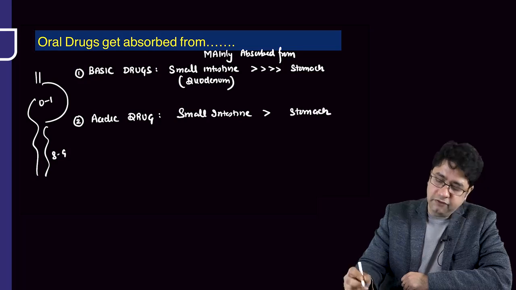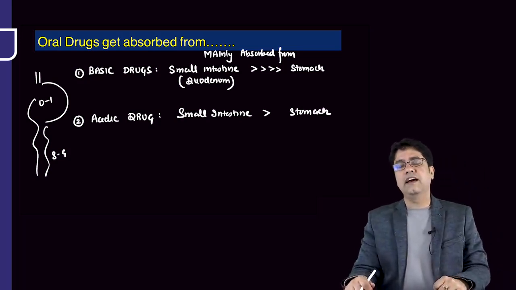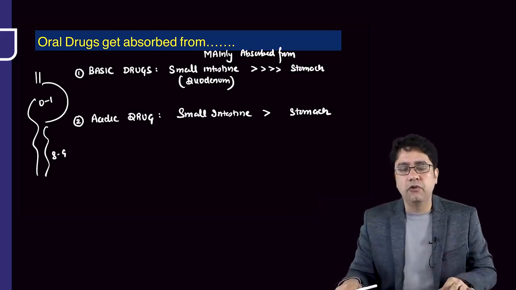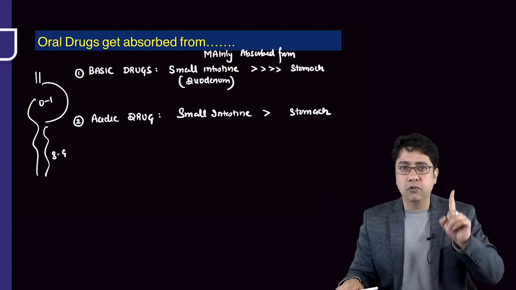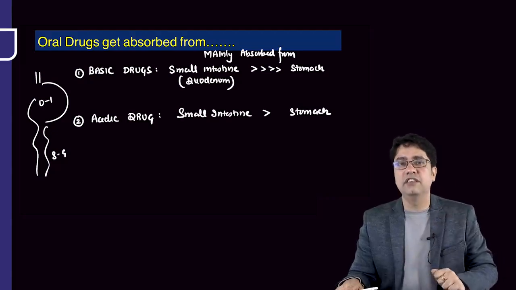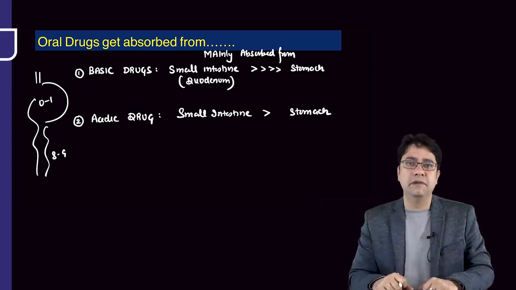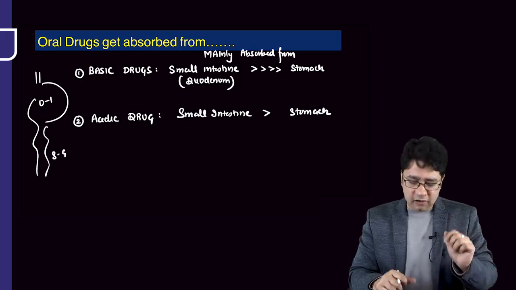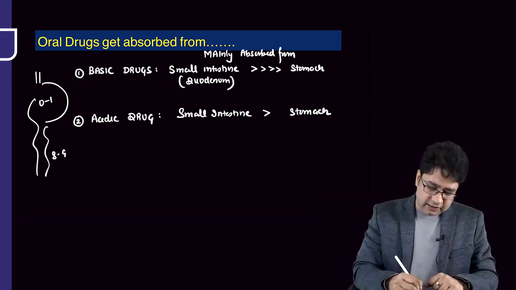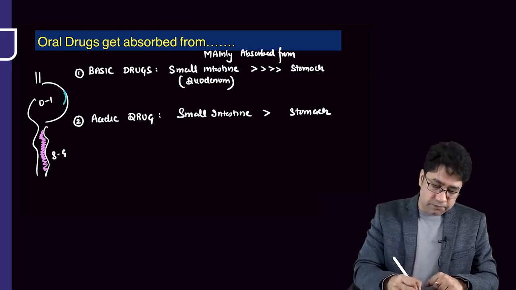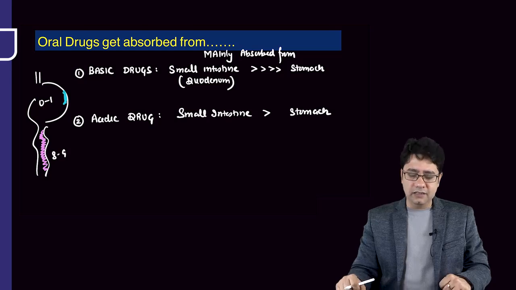Now you must be confused. Sir, how can it happen? Remember, yes, pH plays an important role in drug absorption. But what is the main factor which determines drug absorption? It is the area of cell membrane. Think logically. Intestine is a very big tube with brush border epithelial cells. Stomach is a very small tube without any brush border epithelial cells.